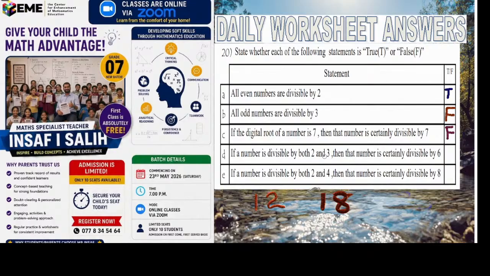The question is, is 18 divisible by 6? Yes, it is. So if a number is divisible by both 2 and 3, it is certainly divisible by 6 too. So the answer for this statement D is a true statement. It's true. Put a T.